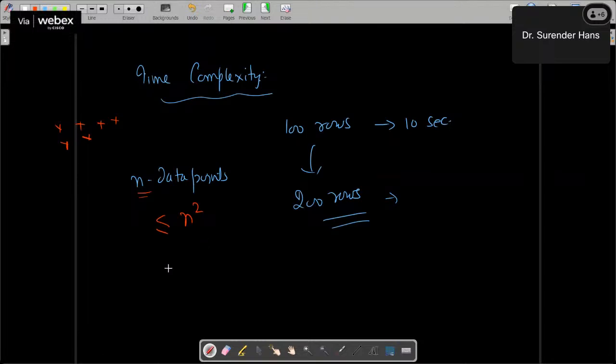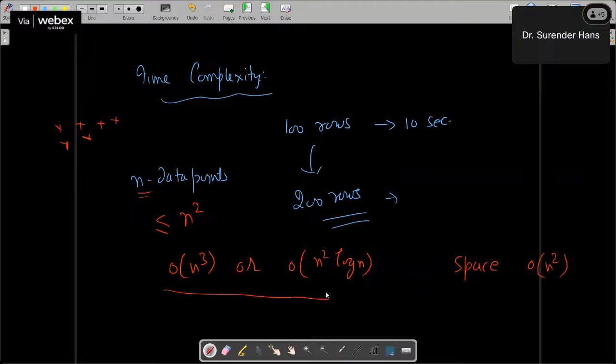So the time complexity will be of the order of n square log n. Space complexity is this one, time complexity is this one.